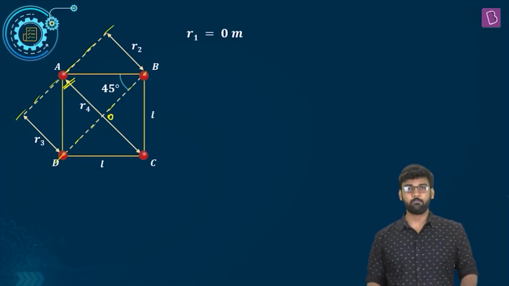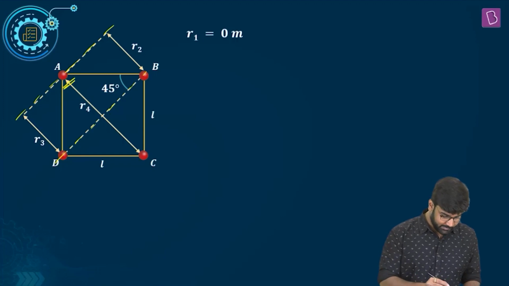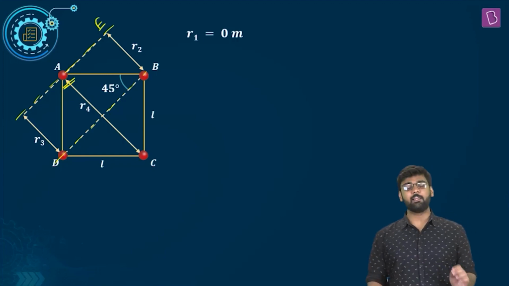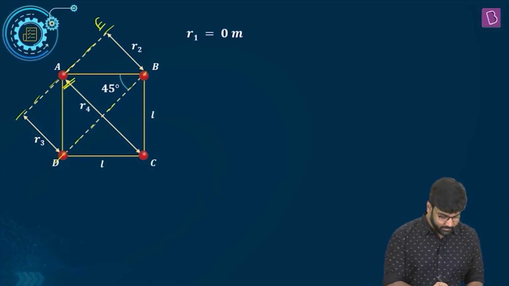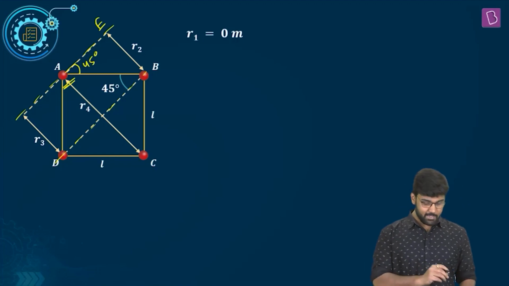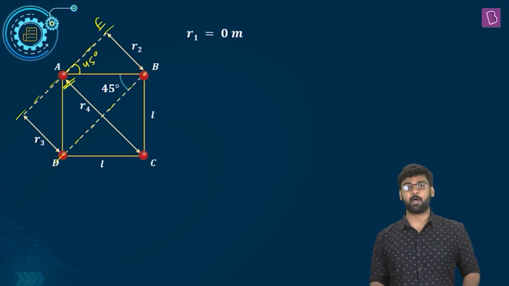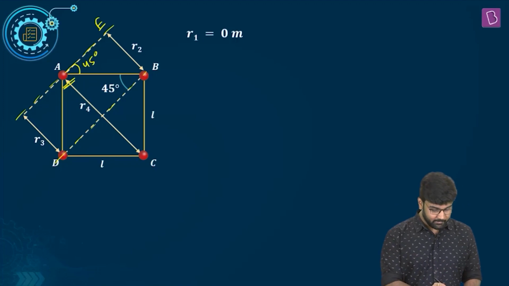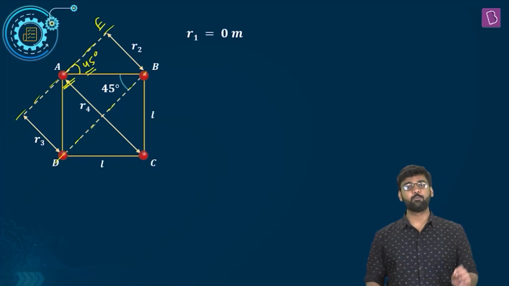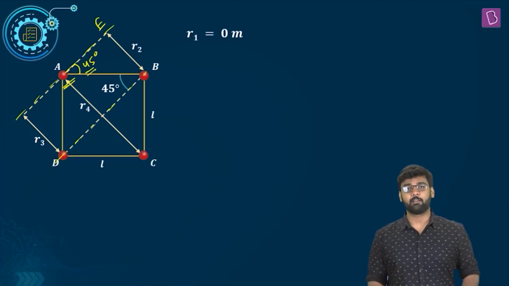Let's take this point as E. So in the triangle ABE, we have this angle as 45 degrees. The line AE and BD are parallel, so we can say that this angle is 45 degrees using the properties of parallel lines.